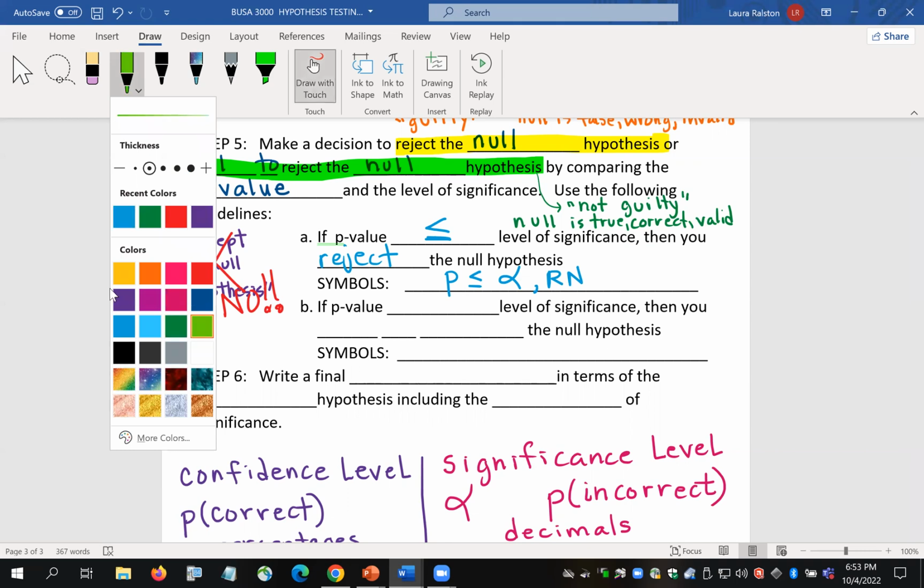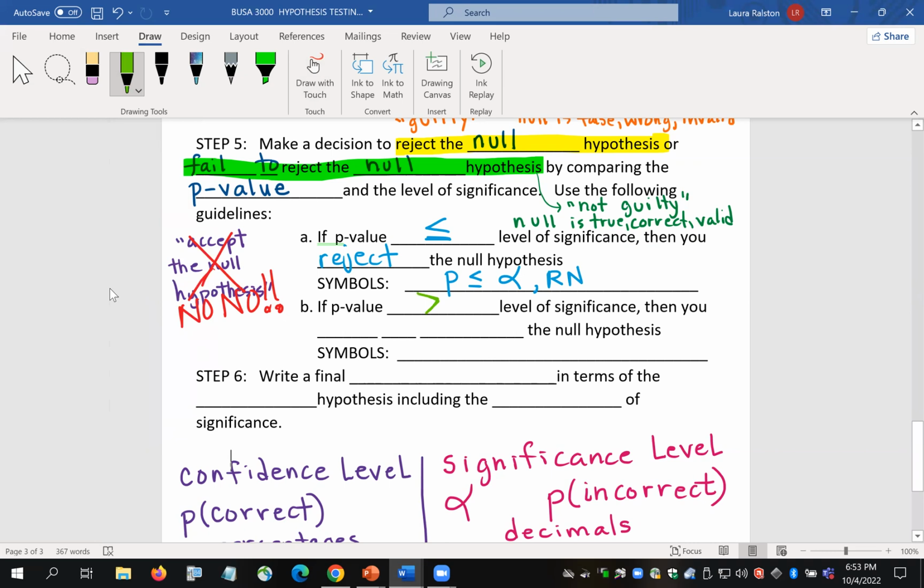If the p-value is greater than the level of significance, then you fail to reject the null hypothesis. So if p is greater than alpha, you fail to reject the null. Every time, all the time.